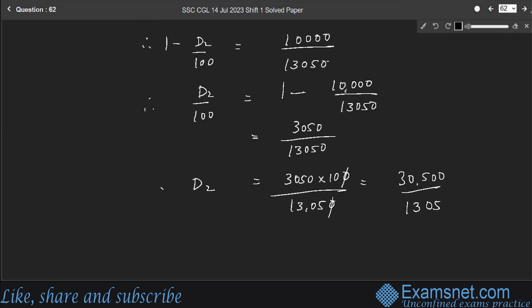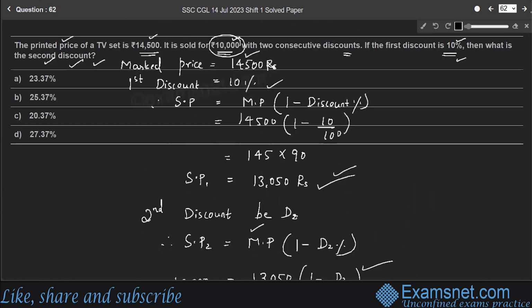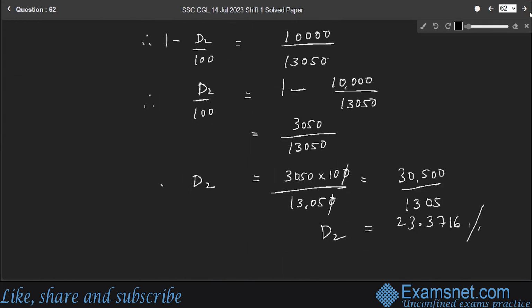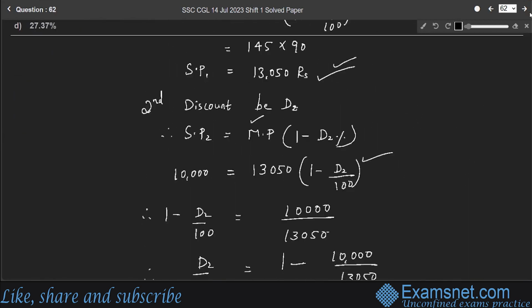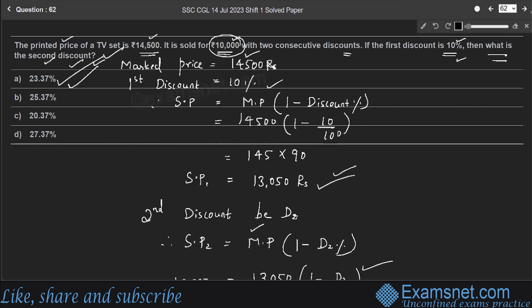So you will get 23.3716 as the second discount. Right? So here the question is, what is the second discount? So 23.37, option A. Right? So 23.3716, so option A is the right answer.